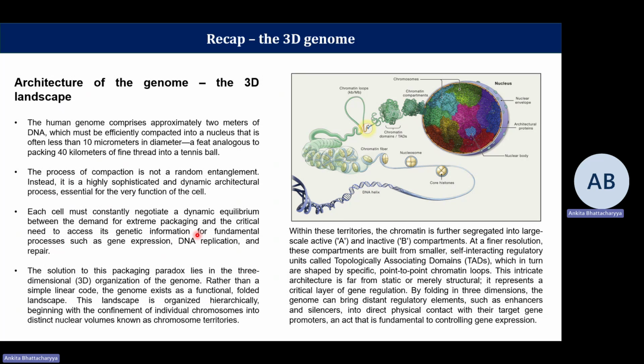That is equivalent to packing 40 kilometers of fine thread inside a tennis ball, which is an unimaginable feat. And this process is not a random entanglement. Instead, it is very highly sophisticated, very dynamic, and very essential for cell survival and cell functionality.